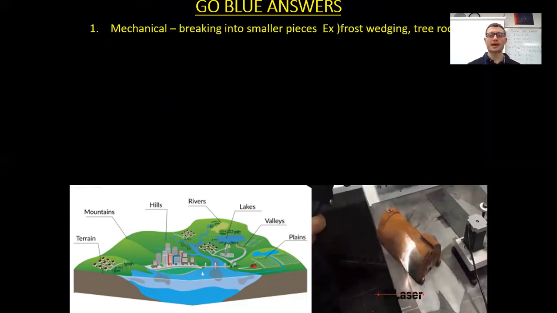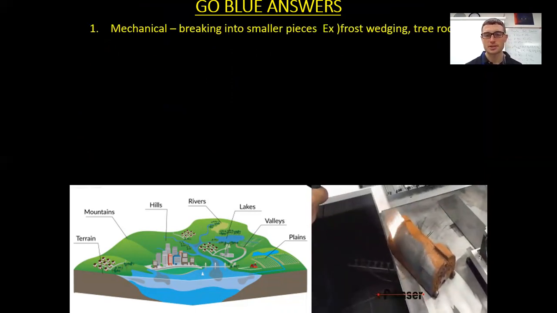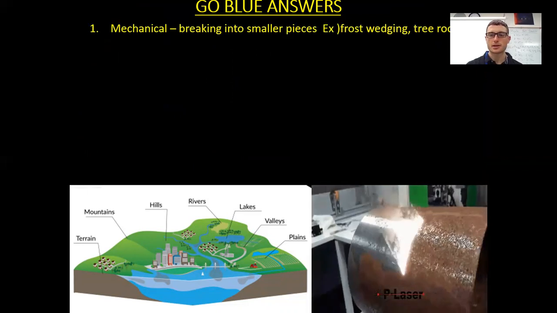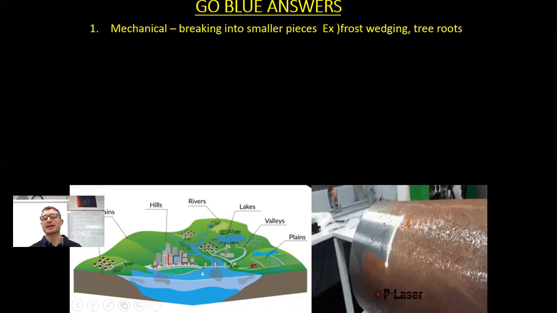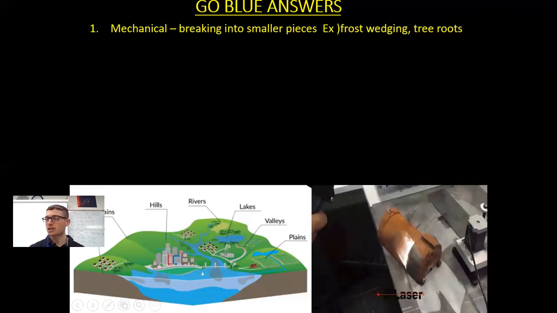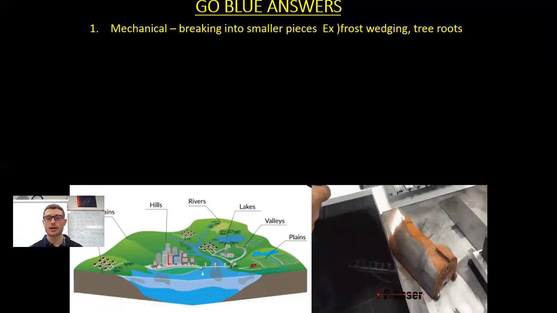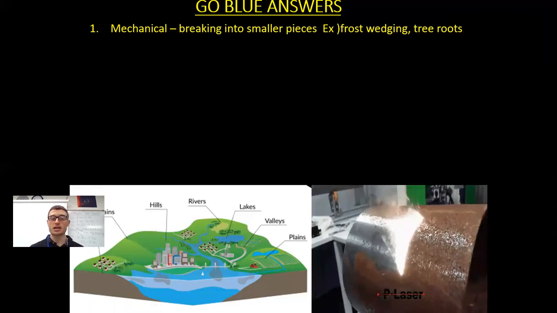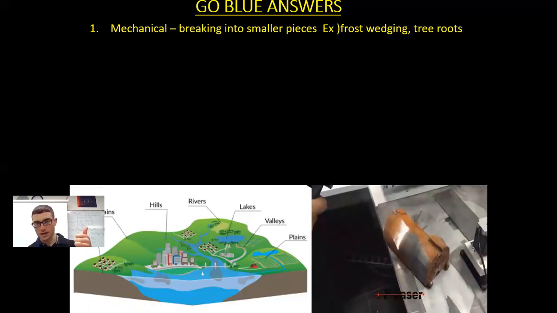Okay, for mechanical, we're going to be breaking down materials into smaller pieces. Just the breaking down of materials into smaller pieces, guys. And we're not changing the material, we're just breaking it. Examples of that include what we talked about the past few days. Frost wedging, right?